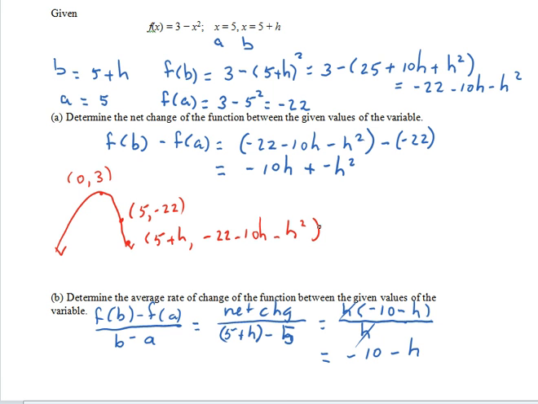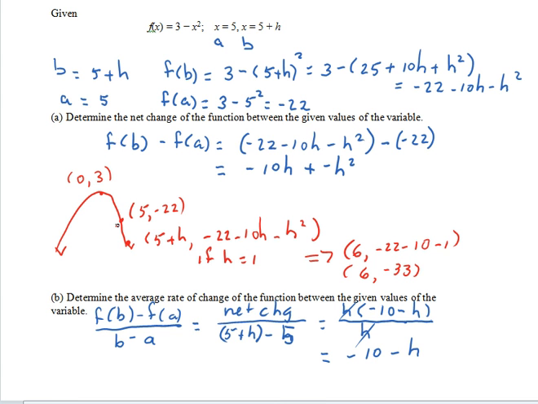So if h were 1, that would give us the point 6, comma, negative 22 minus 10 minus 1, or 6, negative 33.